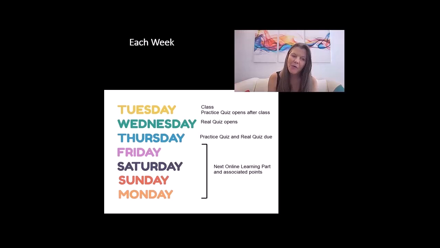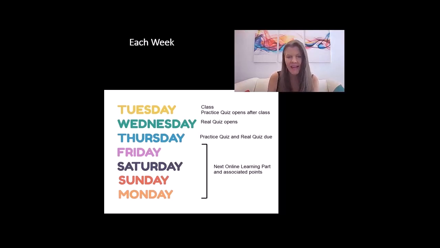So, our weeks all begin with a class session. Note that instead of tests or quarterly exams, like what we have in most upper level classes at ASU, your grade will be determined with weekly quizzes in this class.